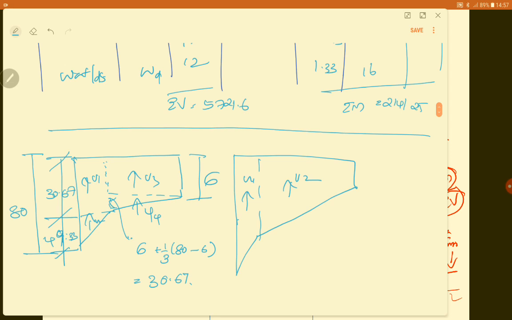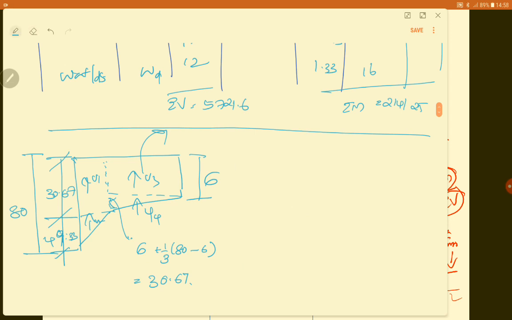Now, what will be U1 then? Will it be positive or negative? Uplift is actually causing an overturning effect, right? So it's going to be negative. So U1 will be equal to, I won't be considering this one because I am not going to consider it as trapeziums. I am dividing it into rectangles and triangles.